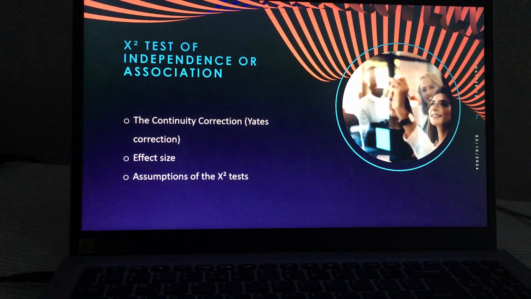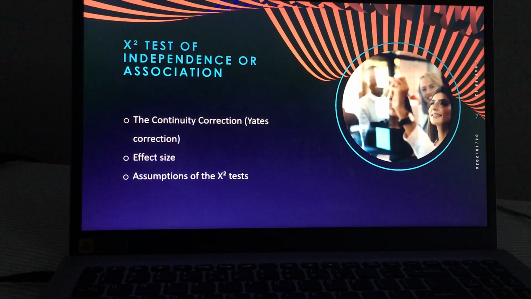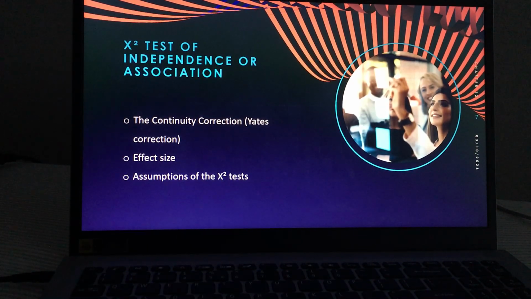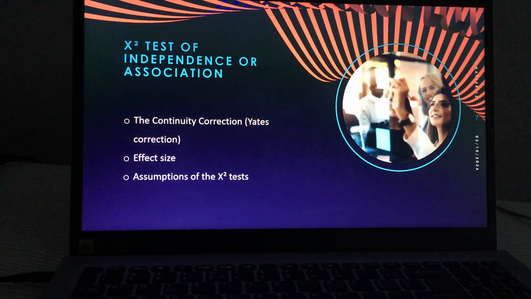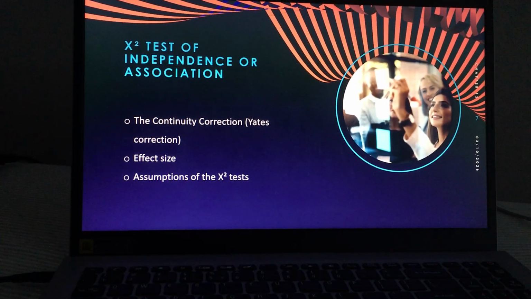So this author pointed out earlier that the chi-square test is based on an approximation, specifically on the assumption that the binomial distribution starts to look like a normal distribution when you have a large n. One problem with this is that it doesn't quite work, especially when you've got only 1 degree of freedom, like if you're doing a test of independence on a 2x2 contingency table.